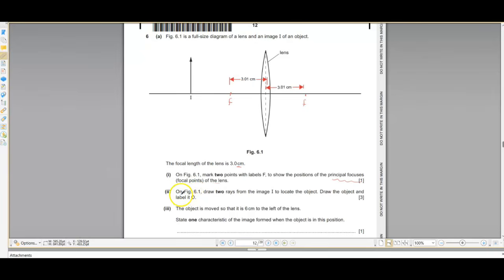The other thing is that on figure 6.1, draw 2 rays from the image I to locate the object. Okay, draw the object and label it O. Let me just do it for you.